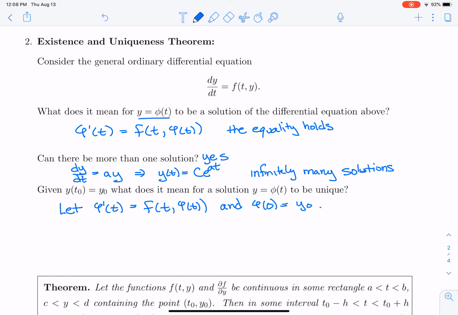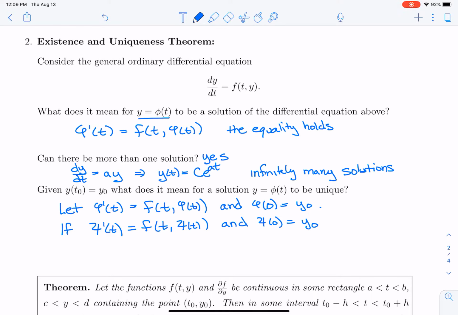then if we find another function, we'll call it psi of t, so that if I take the derivative of psi of t, then it's f of t, psi of t, and psi of 0 equals y sub 0.